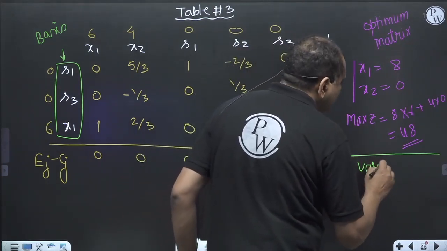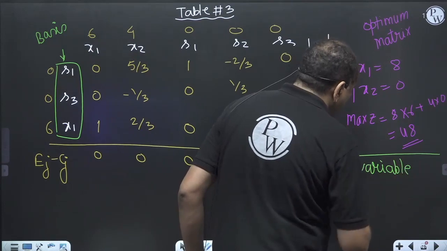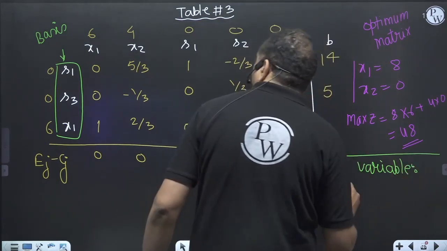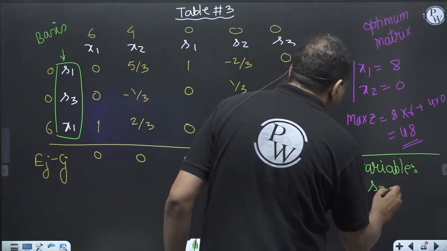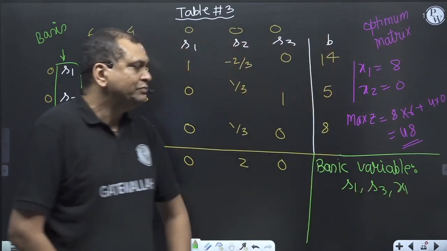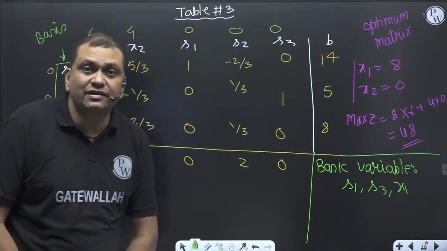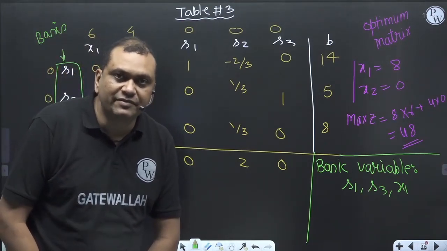So what are the basic variables? S1, S3 and X1. S1, S3, X1 are the basic variables, correct na?